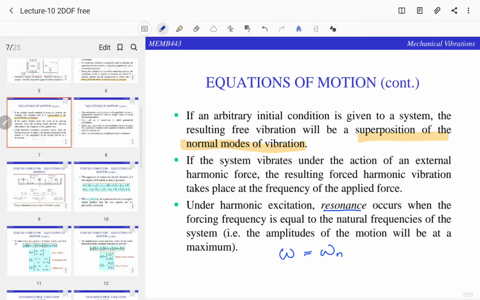So in other words, if you have 2 degrees of freedom, then you would have 2 conditions. You have the first natural frequency and the second natural frequency, so the resonance will occur twice.